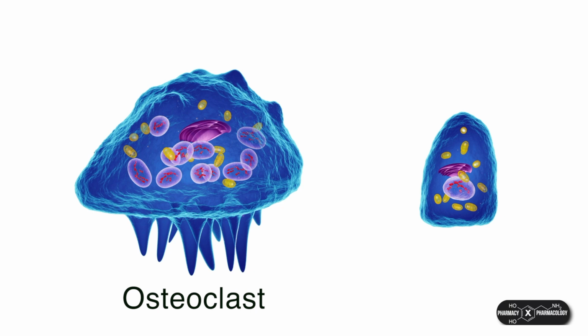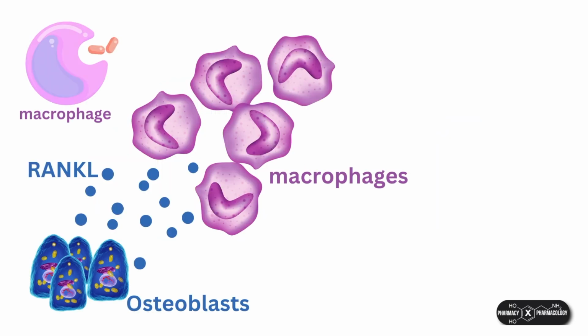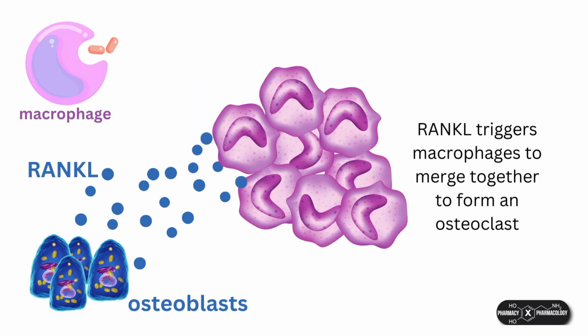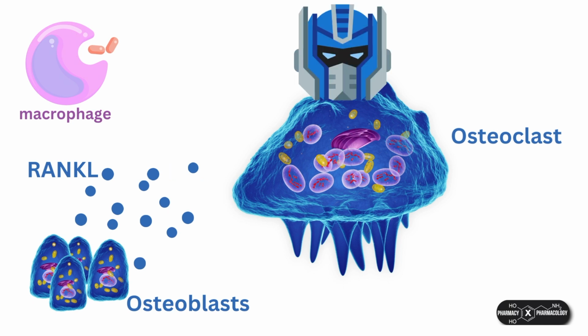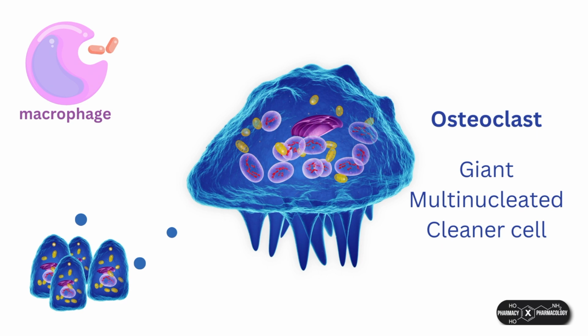There's more than one pathway to induce the creation of osteoclasts, but I'm just going to show you this one, which involves the secretion of RANK ligand by osteoblasts. And RANK ligand triggers bone macrophages to combine to form the supercell osteoclast, much like the Japanese transforming robots Transformers when they combine to form a super robot.